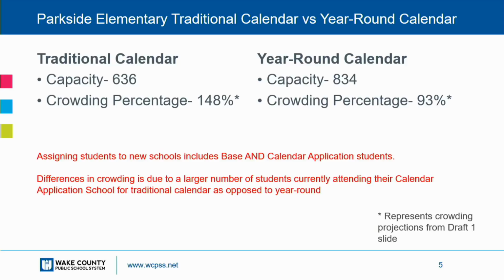When we assign students to a new school, we're assigning base students as well as calendar application students. So if you were at Alston Ridge as a calendar application student and you are now assigned to Parkside, if it is year-round, you would go to year-round. But if you were on the traditional calendar school as an application student, you would not be reassigned. That's where you see the discrepancy in the numbers: 148% of 636 is a higher number than 93% of 834. So there's a different number of students being assigned to the school.